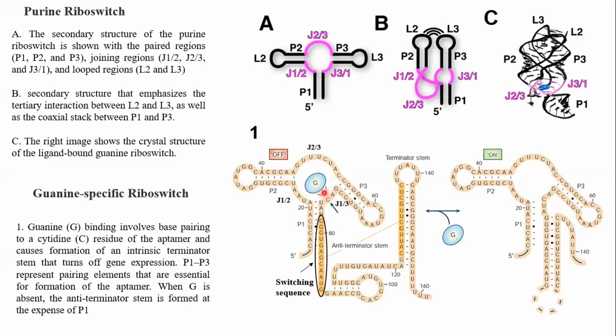And when this 74th cytosine interacts with this G, it is held by the 21st and 50th positions. This A and this U also help in the interaction and stabilize the ligand. Okay, so these three nucleotides together stabilize the ligand in this aptamer site.